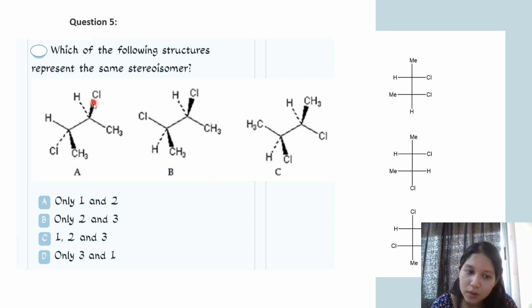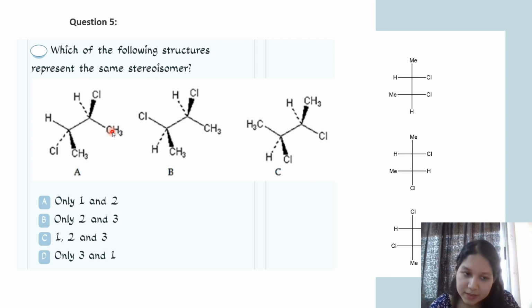Like all the substituents we have to make parallel, which are present on the plane of the paper. We see that this hydrogen at this center and this methyl at this center are placed in the plane of paper.